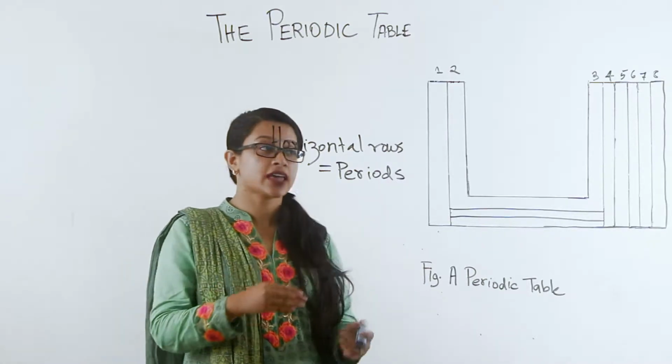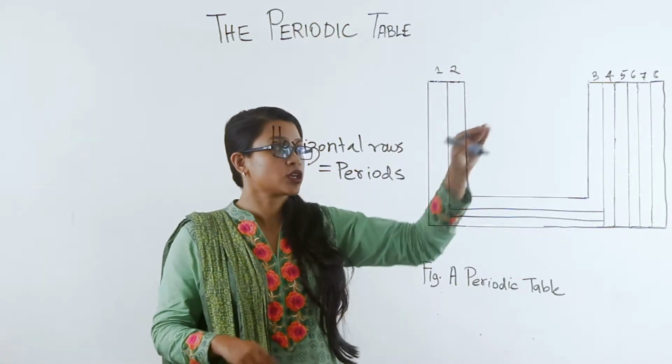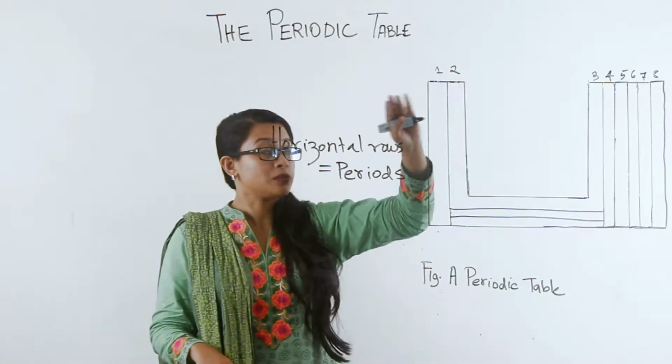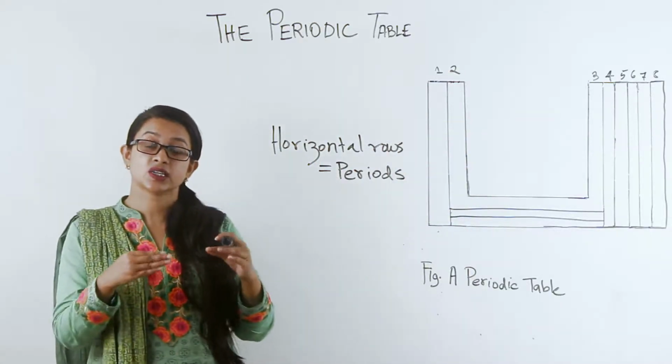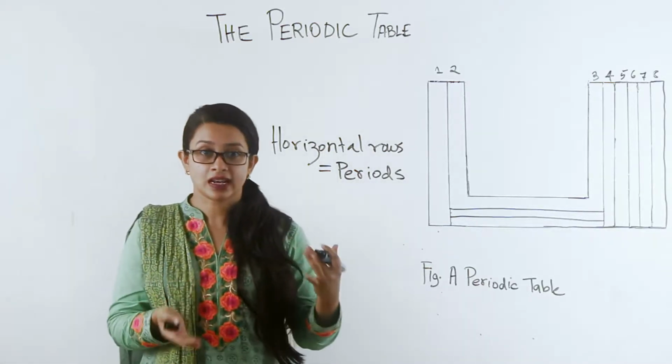So when you put together these periods, wherein first element, second element, third, fourth, if you go from left to right, you see that there is a gradual increase in the consecutive number of elements.